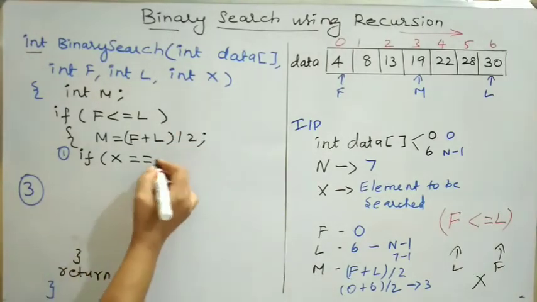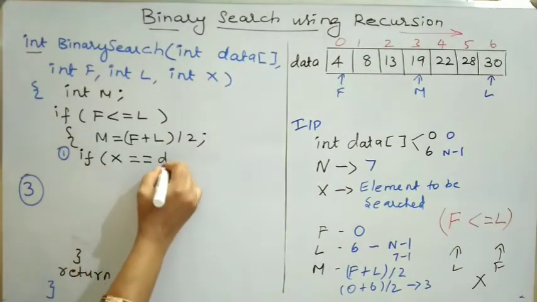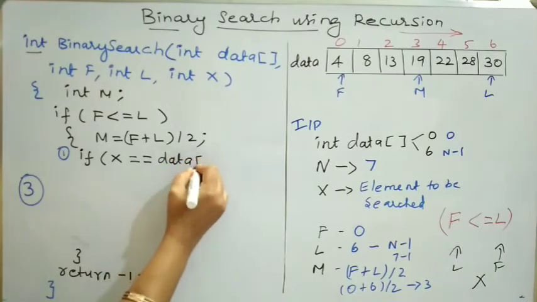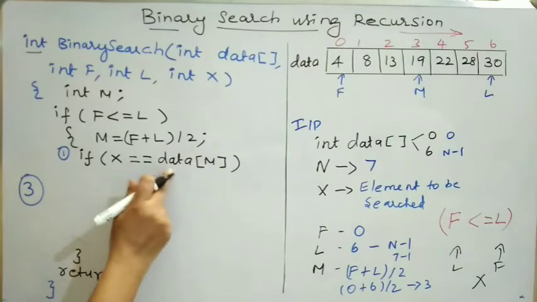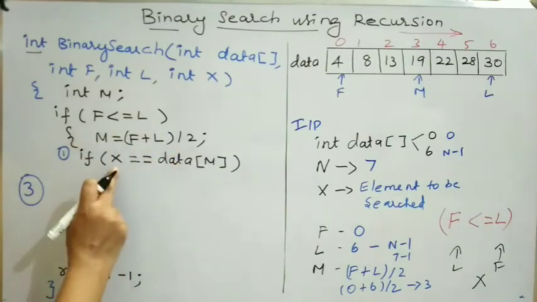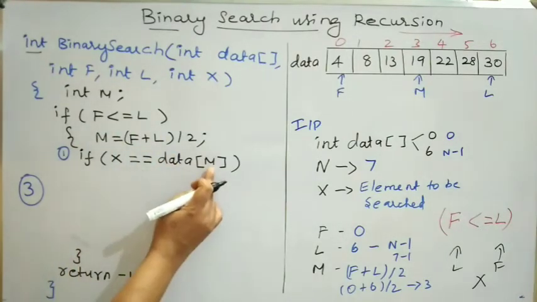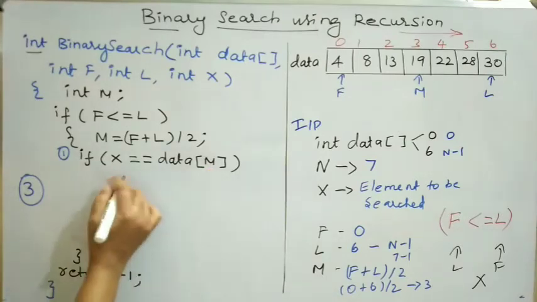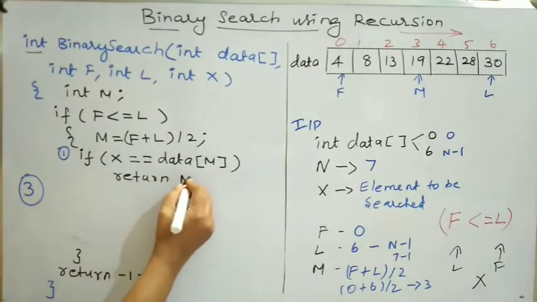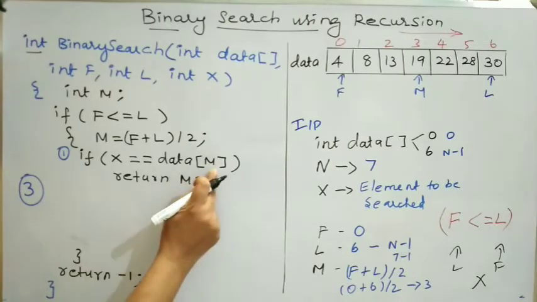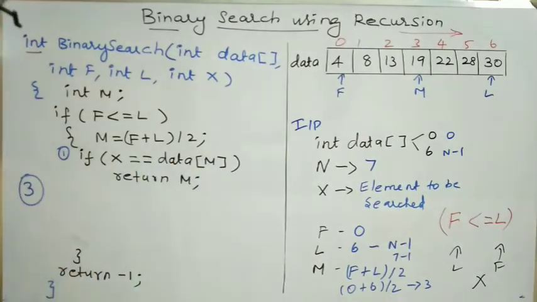How to access the element in the middle index position? In the array data, fetch the element in the middle index position, that is m. If the condition is satisfied, it means I can find this element in the index position m. In that case, I need to return the value m, that is, in which particular index position I have found my element.